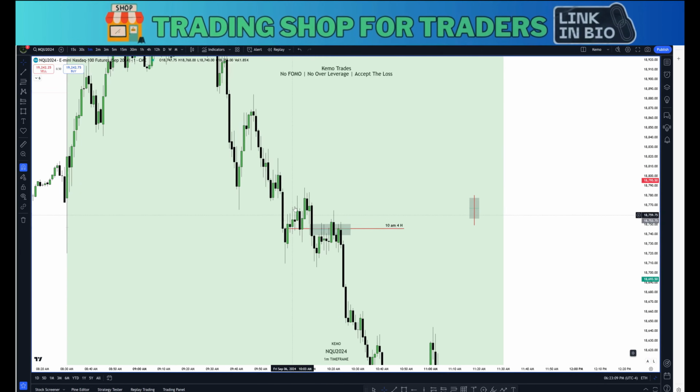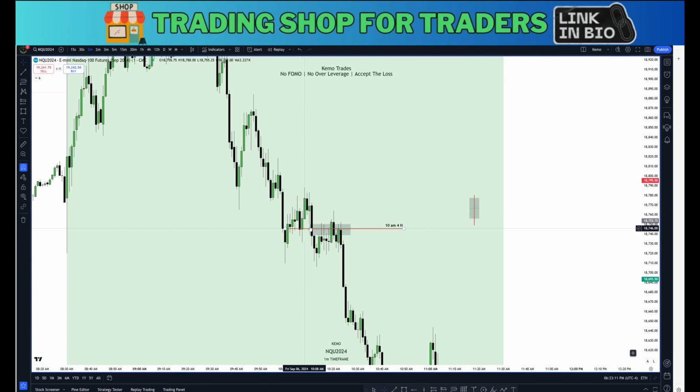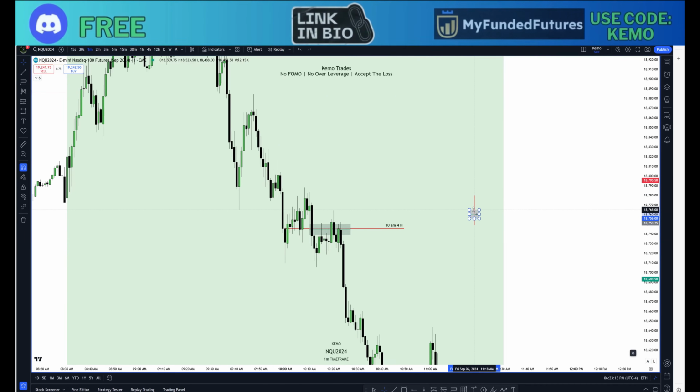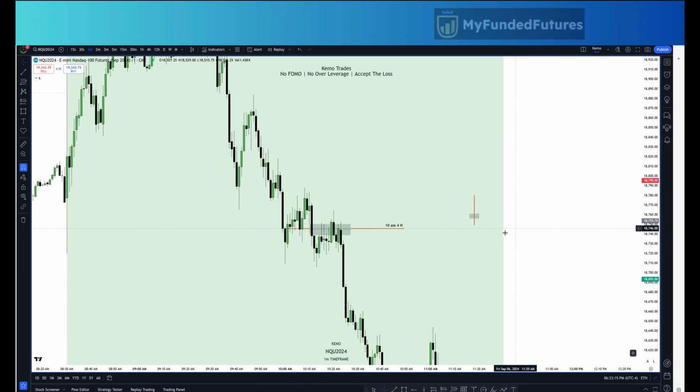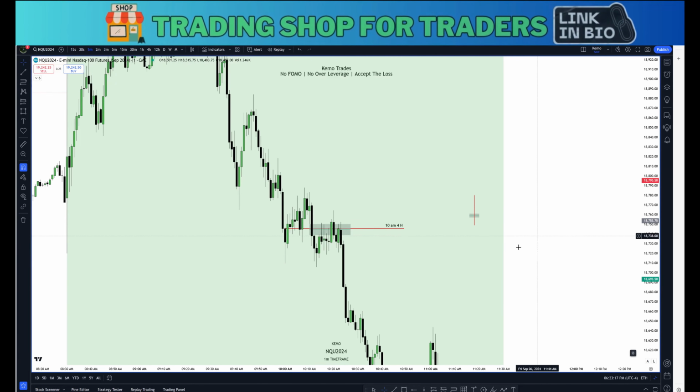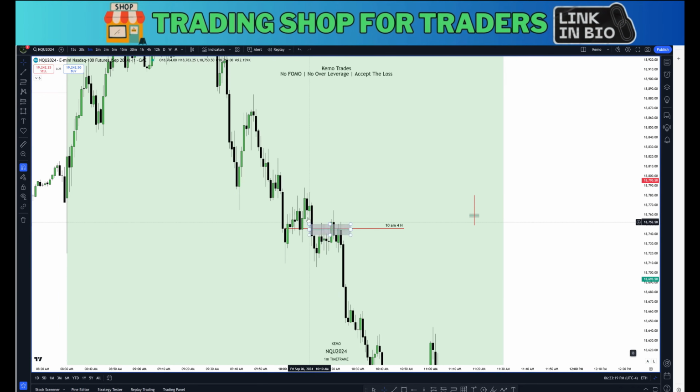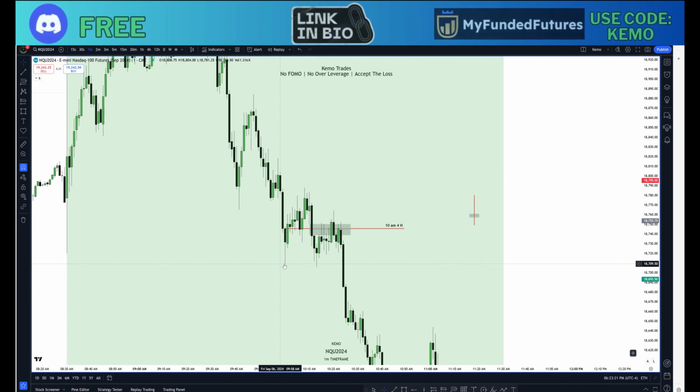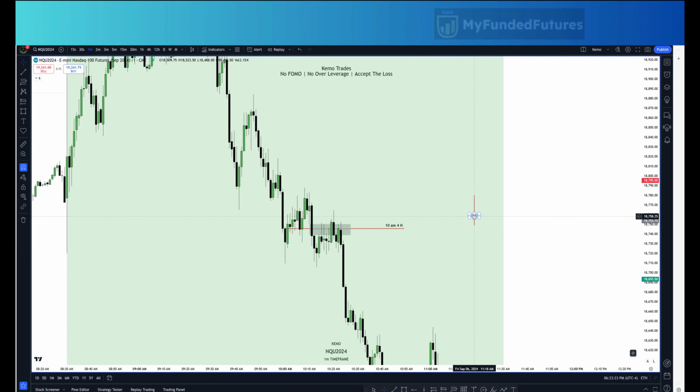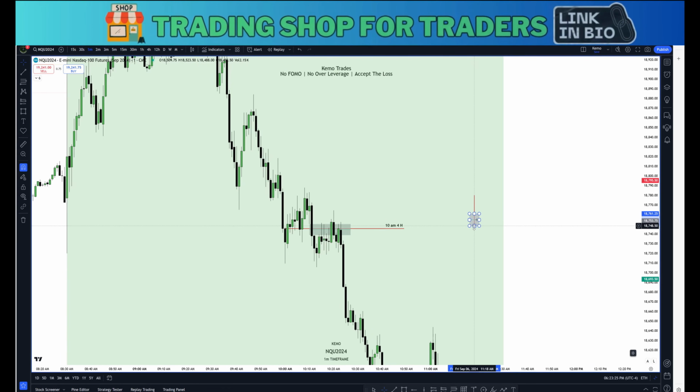And then it went down to the open price, where it was something like that, right? And then what did we do? We kind of wicked down, we took out this sell side liquidity, so now it's bearish, right?